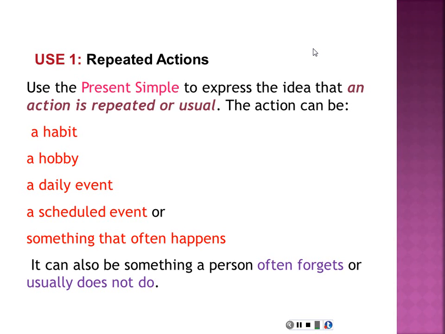It happens every day. So number 4, a scheduled event. A scheduled event يعني حدث مجدول. Schedule هو something like timetable أو شيء مجدول، أي محدد بتاريخ معين.